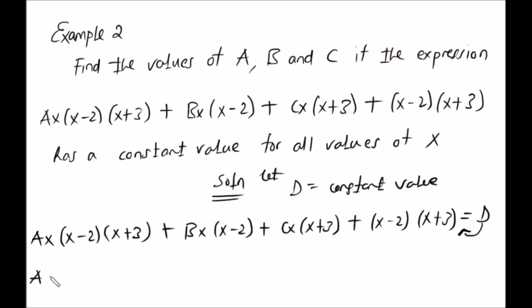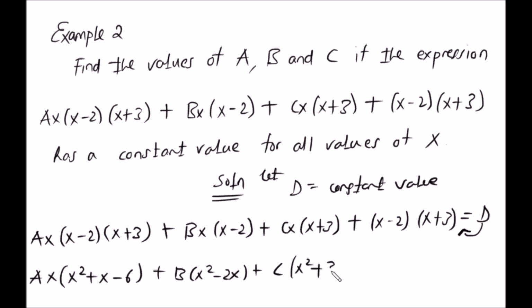Okay, let me try and expand this. Hapa ni x squared plus x minus 6. Alafu hapa ni b x squared minus 2x. Alafu hapa ni c times x squared plus 3x. Alafu hapa ni x squared plus x minus 6.